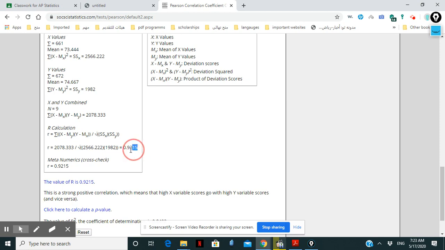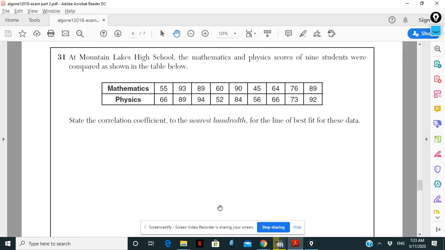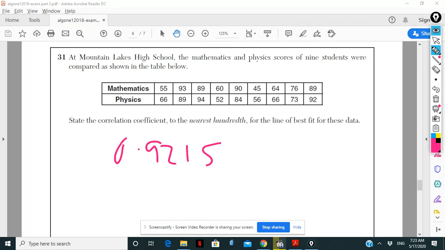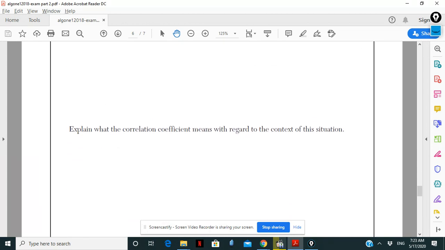So the r value is 0.9215. But he said to the nearest hundredth, so it's 0.92. Okay. Explain what the correlation coefficient means with regard to the context.